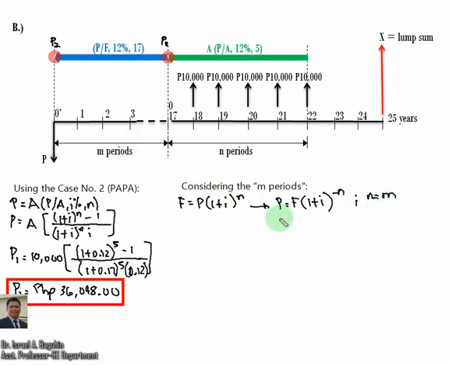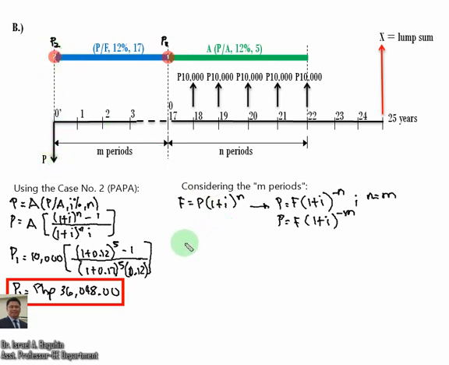So therefore this P is just equal to F times 1 plus I raised to the negative M. Okay, this P is equal to P, but since we are considering point 2 here, this P is also equal to P2.